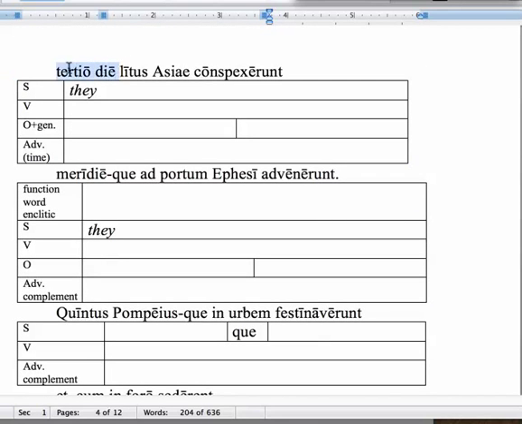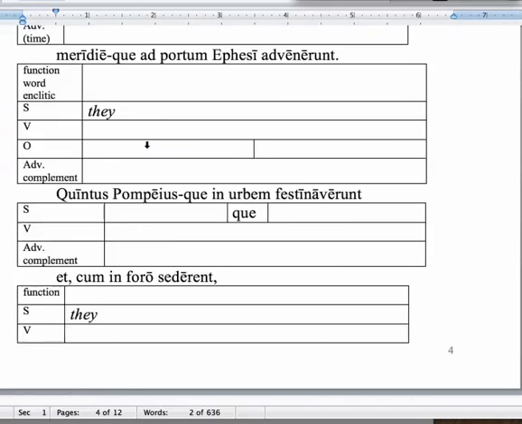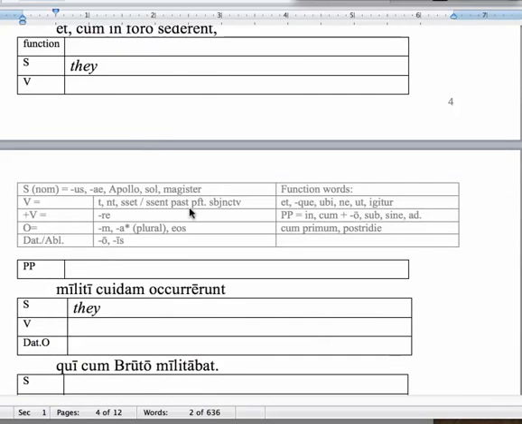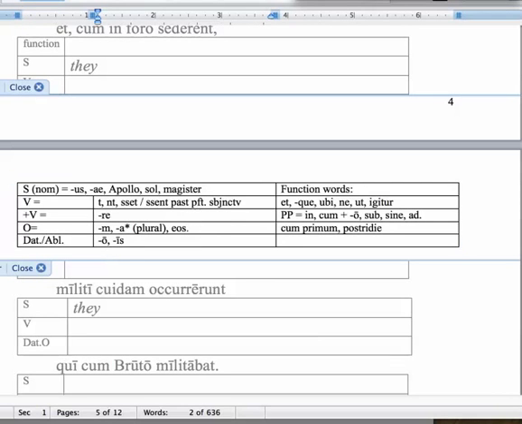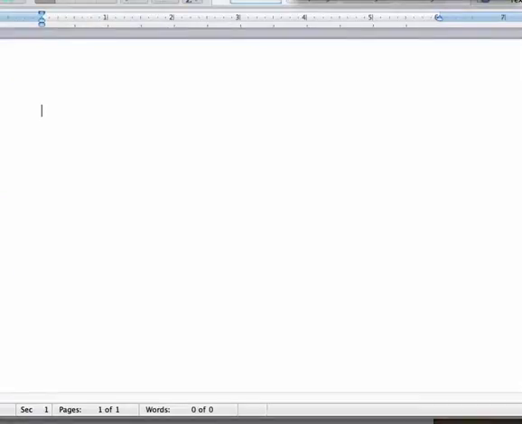Tertio die is the time word, the adverb of time. Litus Asiae is accusative, believe it or not. Here, I'll write it here. So under object, it's possible to have litus be accusative because litus has the same form.